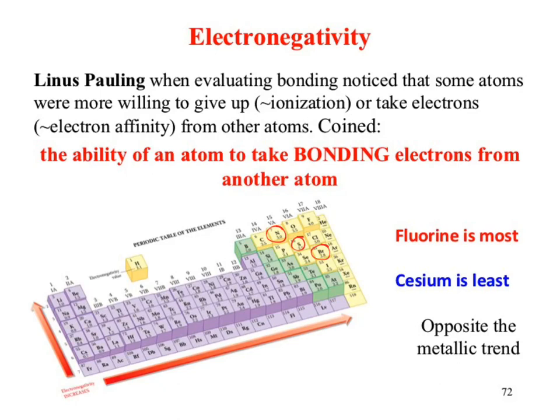So our trend says fluorine's the most, francium's the least. If I go through and compare sulfur to bromine, the thing they have in common is chlorine, right? Is bromine more or less electronegative than chlorine? So we're going down the column, right? So bromine is less electronegative than chlorine.